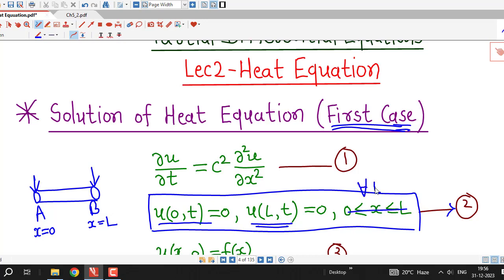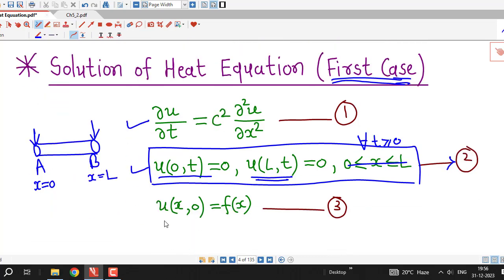Here I will write for all values of t which are non-negative. So first we will solve this heat equation together with this type of boundary conditions, and this is the initial condition that u is given by some function of x at time t equal to 0.